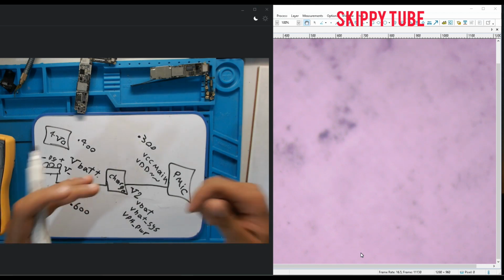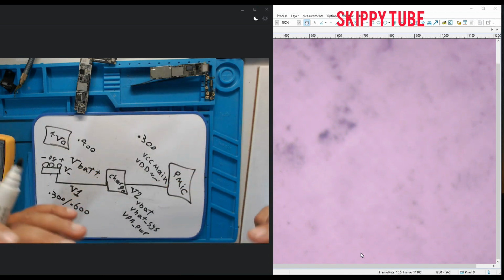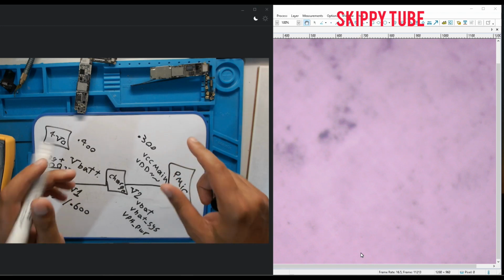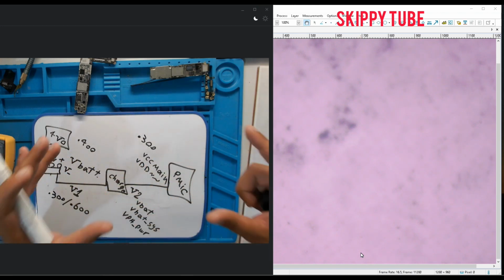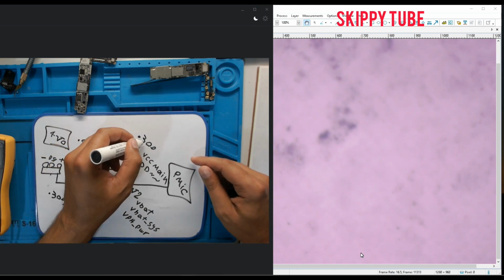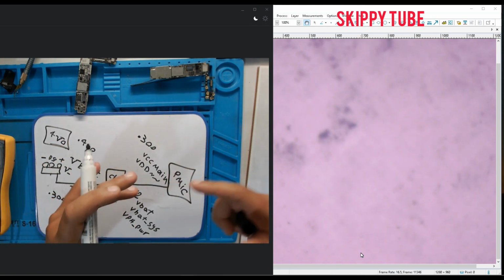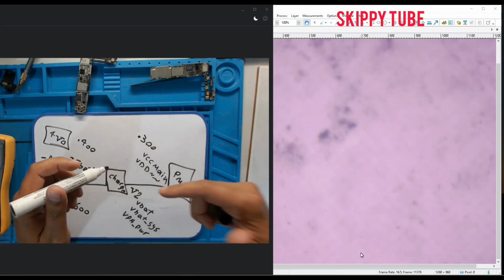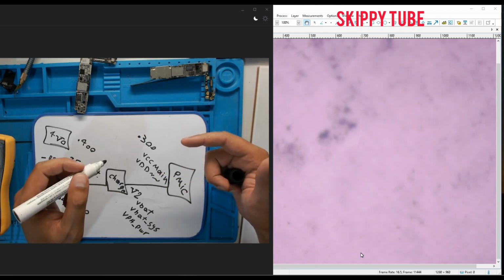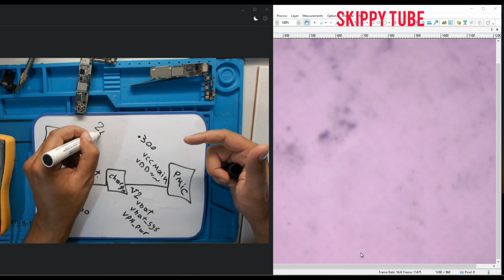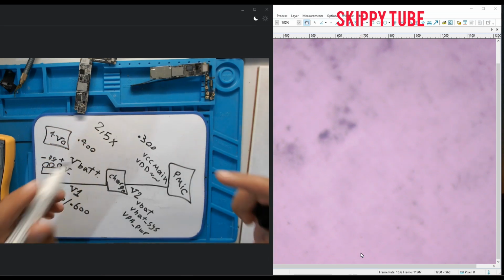Okay, and the Skippy test. I told you in the previous video, any multimeter showing any diode value, for example 0.300, the Skippy test on the multimeter needs to show on the display 2.5x multiplied.